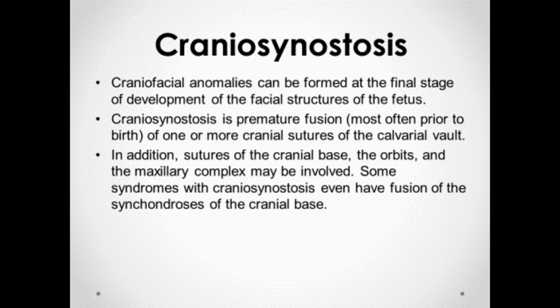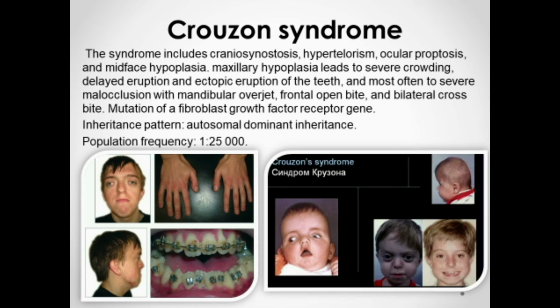Mutations in at least 8 genes are unequivocally associated with Mendelian forms of syndromic craniosynostosis. Crouzon syndrome has an autosomal dominant inheritance. Around half the cases are caused by new mutations, and, similar to Apert syndrome, new mutations are of paternal origin, and their risk of occurrence increases with increasing paternal age.